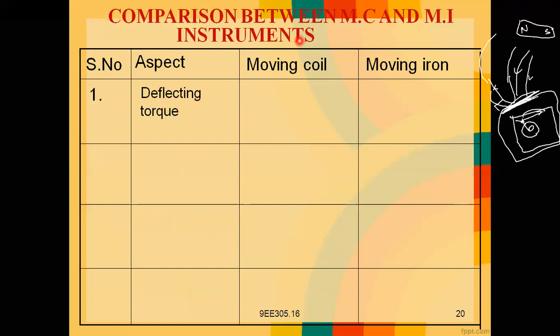Our first aspect is deflecting torque. So the deflecting torque is produced in the coil, and hence the coil moves in the magnetic field.